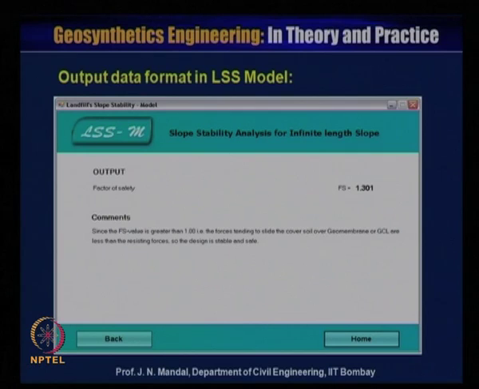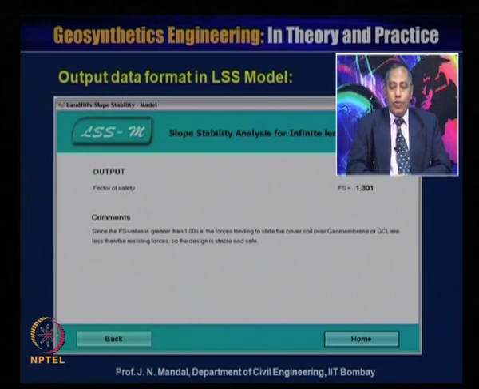So, you can comment that since the factor of safety value is greater than 1.00, the force tending to slide the cover soil over the geomembrane or geosynthetic clay liner is less than the resisting forces.